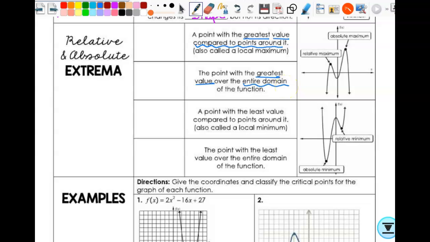If I have just the greatest value compared to points around it, I'm just looking at this little neighborhood of points. In pre-cal, we look at our graphs most of the time as the whole graph. We don't look at little chunks of it. When you get into calculus, you're looking at little restricted domains a lot, just a little piece of it. In that little piece, in this point's neighborhood, relative to the ones around it, it's a maximum. That's what makes it a relative maximum.